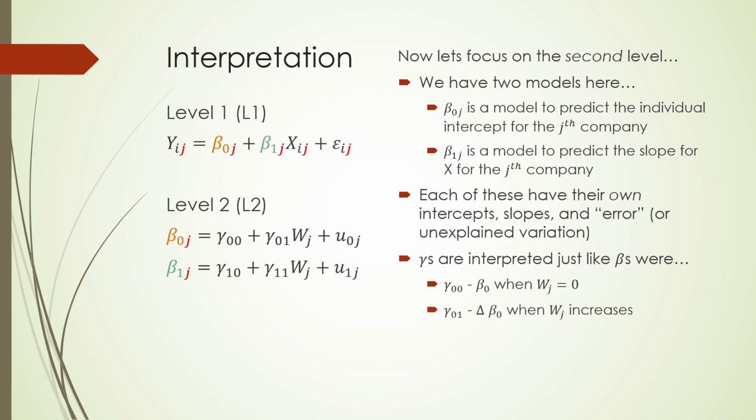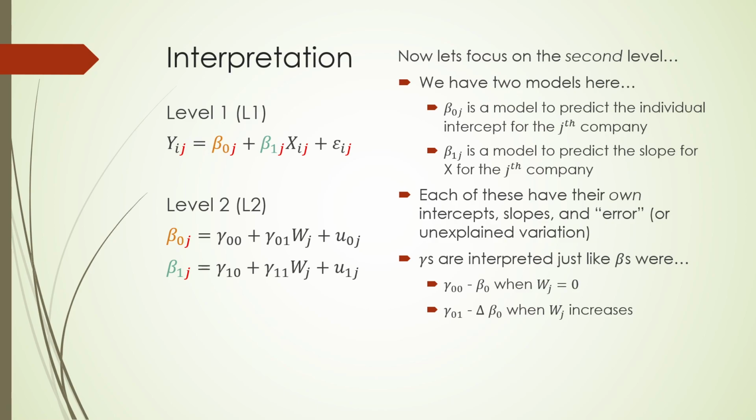Gamma sub 01 in turn represents the change in the base pay when, in general, w sub j increases, but in our case, for it being a binary variable, when we become a public company. So how much did your base pay change when we're looking at public companies instead of just private companies?